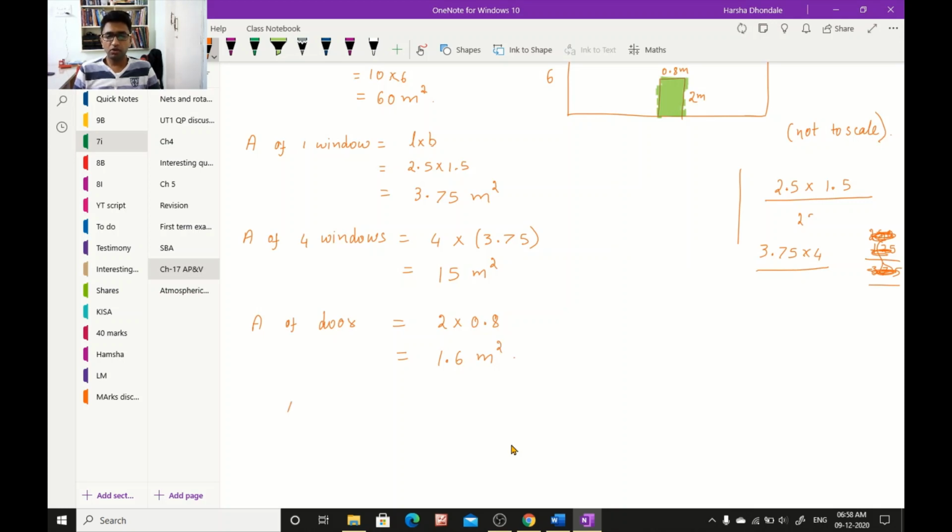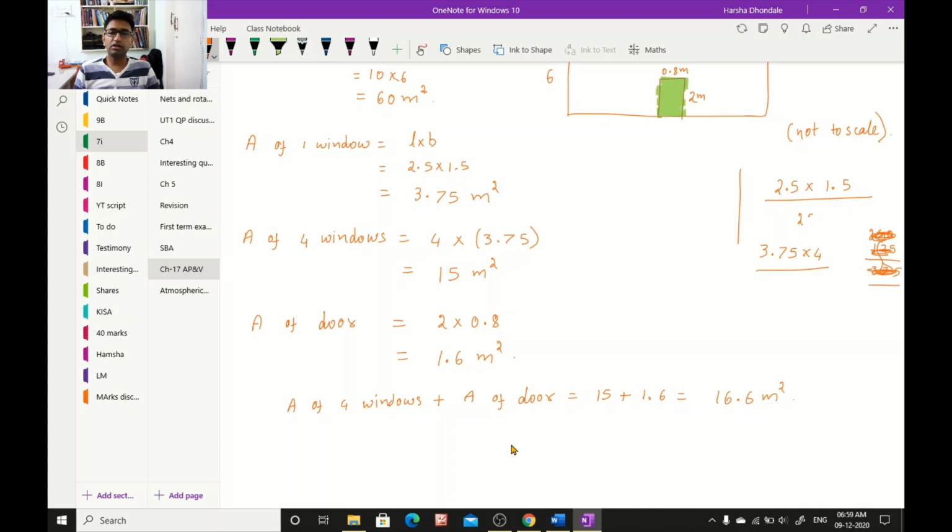Now area of 4 windows and area of door equals 15 plus 1.6 equals 16.6 meter square.